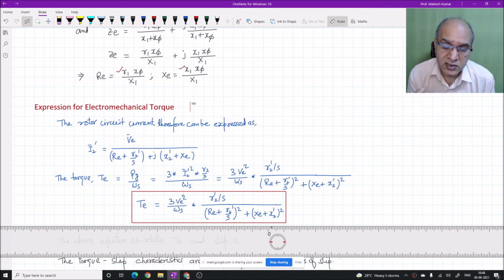In a microgrid system we are looking at the application of the induction machine as an induction generator, and therefore we must know what the torque speed characteristics are, which will be used to generate the electrical power in a microgrid system. So based on these expressions we will develop the torque speed relationship, although I have shown it here, but I will explain in the next class.